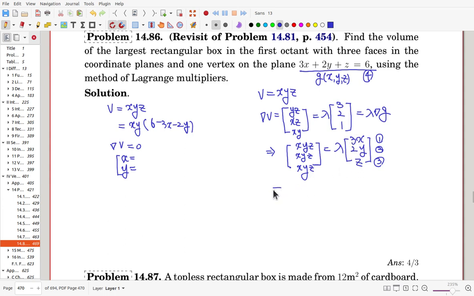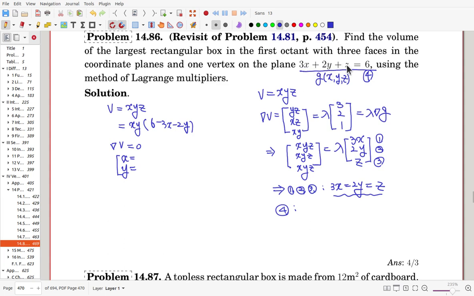So from equations 1, 2, 3, we can conclude that 3x equals 2y equals z. Now, by using the fourth equation, the constraint, we already know these terms 3x, 2y, z are all the same.